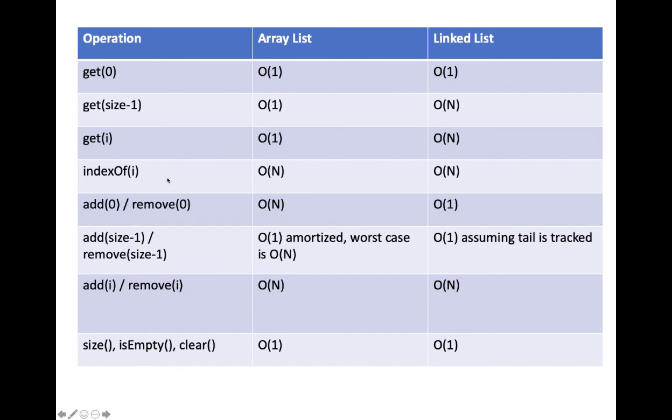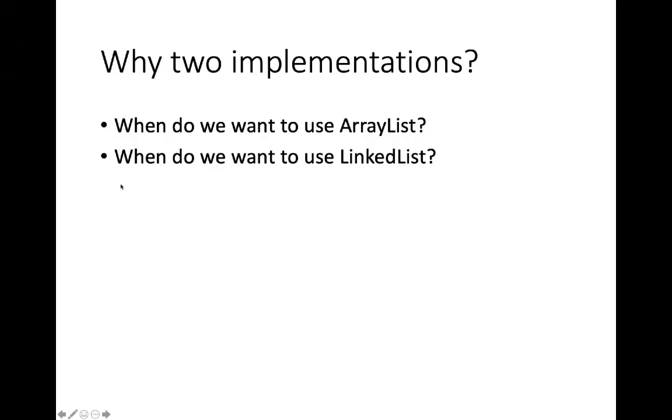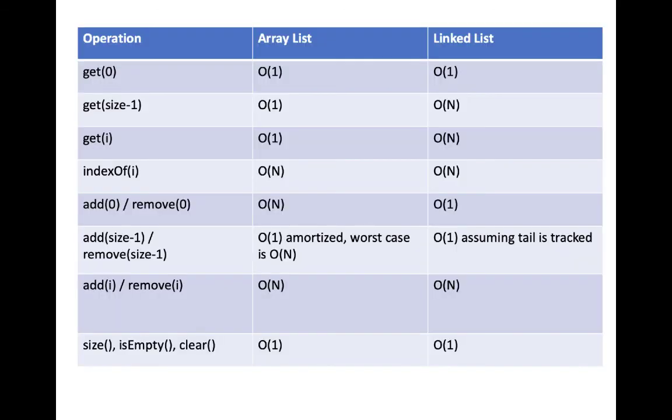Okay. So why two implementations? Back to our original idea. Because sometimes we might know how we're using the list, and some things might be more important to us than other things. In other words, assume we have a linked list that knows about both the head and the tail of its chain.